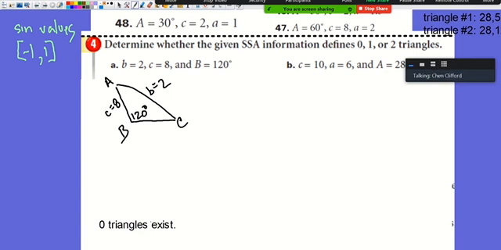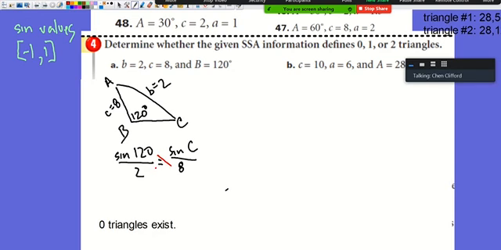Okay, that doesn't make sense. But let's show this mathematically. So watch this. I'm going to do sine of 120 over 2 is going to equal sine of C over 8. All right, and I'm going to cross multiply. I'm just going to jump straight to it.